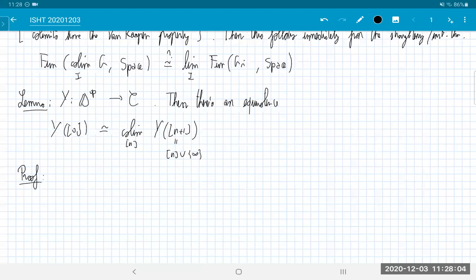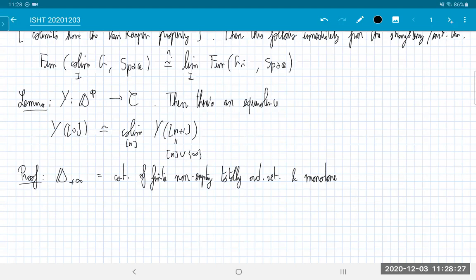And okay, so the idea is you take delta plus infinity. This is the category of finite non-empty totally ordered sets and monotone maps preserving the maximum.